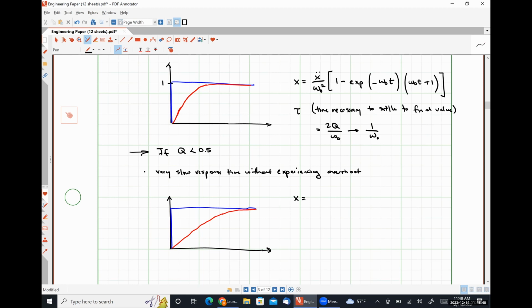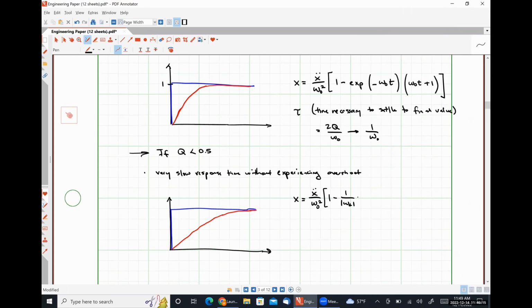So in this case, our displacement will be acceleration divided by omega naught squared multiplied by 1 minus 1 over the absolute value of omega d, which I will define in a moment. Exp of negative omega naught t over 2Q.